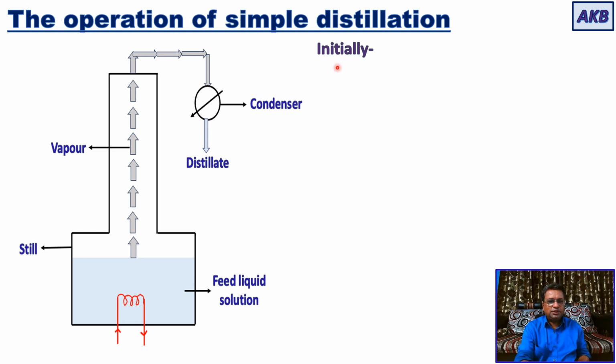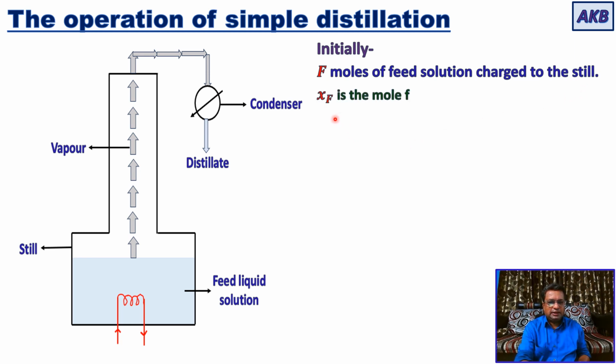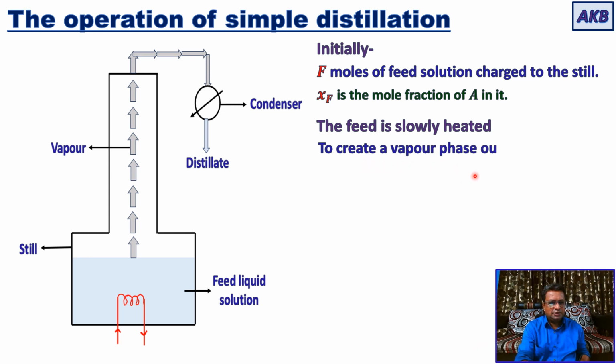Now during the initial stages of the operation, let us say that F moles of feed solution are charged to the operation, and let XF be the mole fraction of A in it. So when you start the operation, you have F moles of liquid solution in the still, and in that solution XF is the mole fraction of A, the more volatile component, and the feed is slowly heated to create a vapor phase out of it.